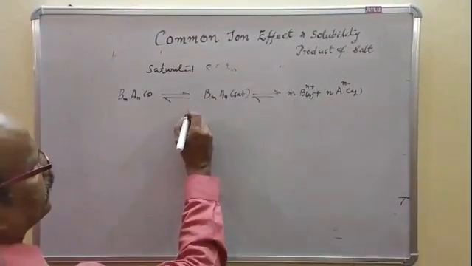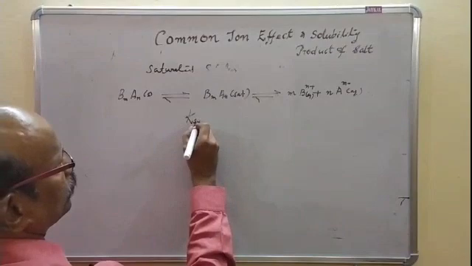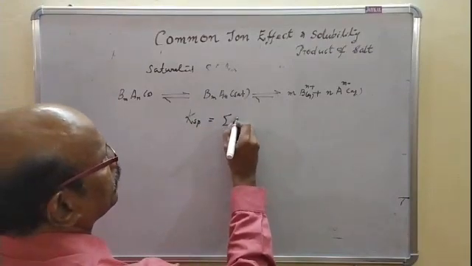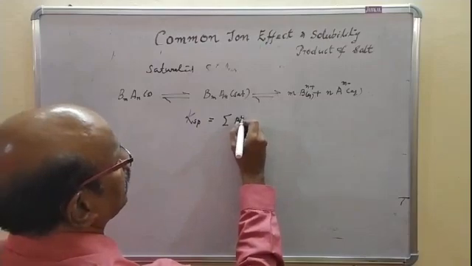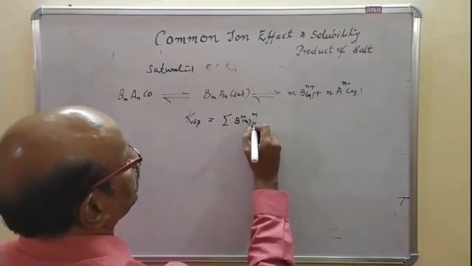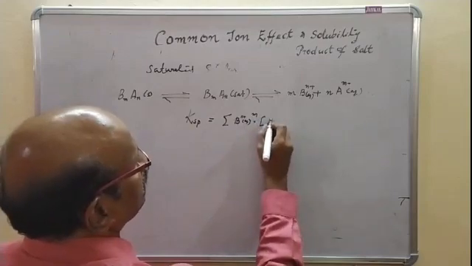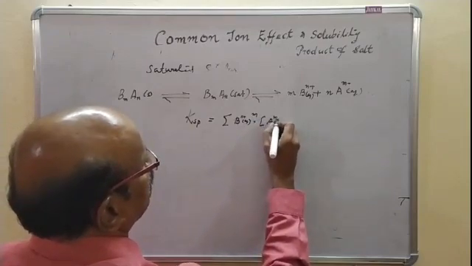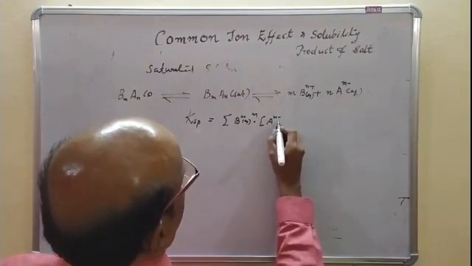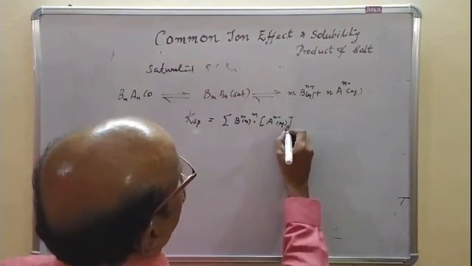Therefore, KSP, the solubility product of the salt, is equal to the concentration of B n plus aqua, the whole raised to m, into the concentration of A m minus aqua, the whole raised to n.